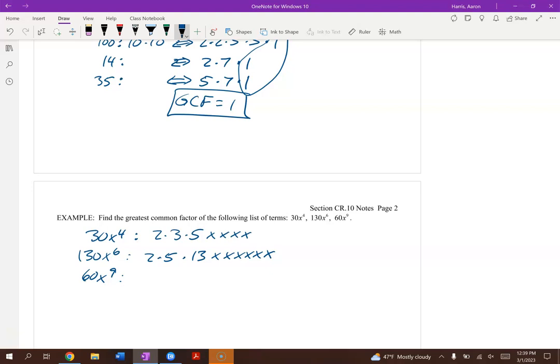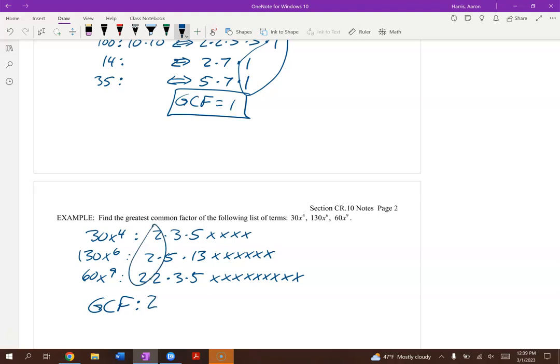60 would be what, 4 and 15? Here's my 4, here's my 15. So our greatest common factor here, they all have a 2.